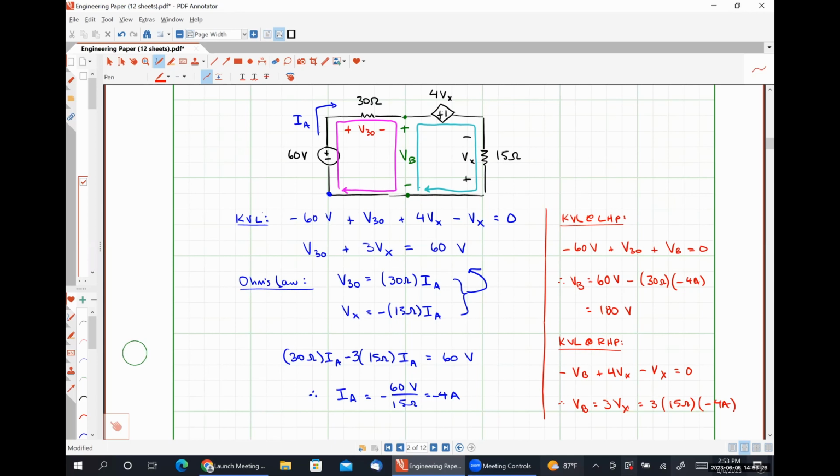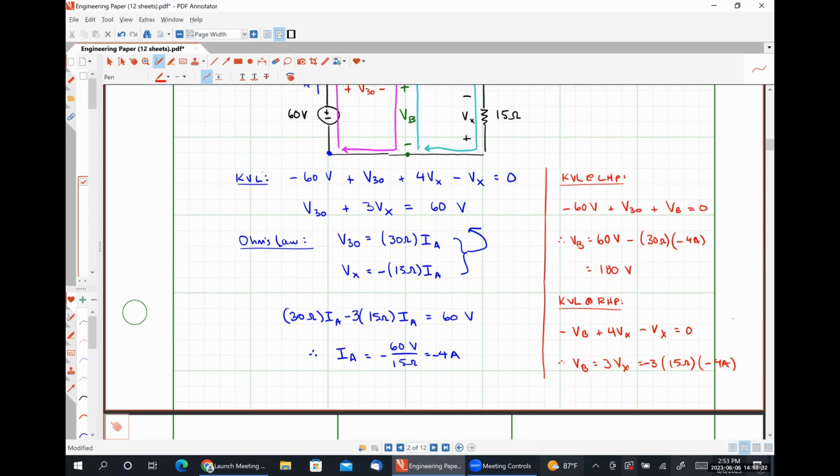And then since Vx is negative 15 ohms times IA, I need another negative sign out here. So that is negative 3 times 15, which is 45, times negative 4, which comes out to be positive 180 volts. So it literally did not matter which path we chose. Either one of them gave us the same voltage, VB, that we were trying to find.